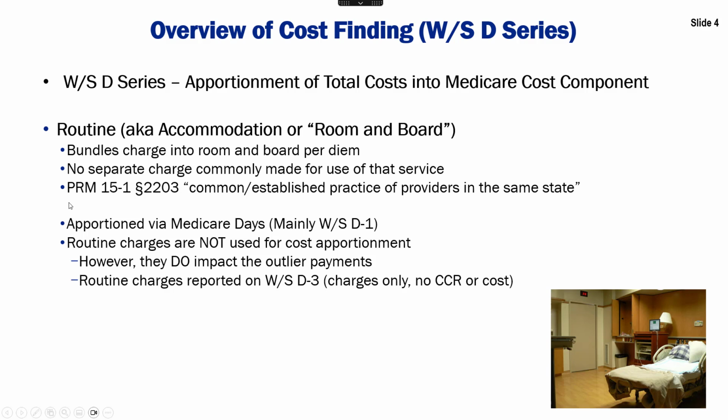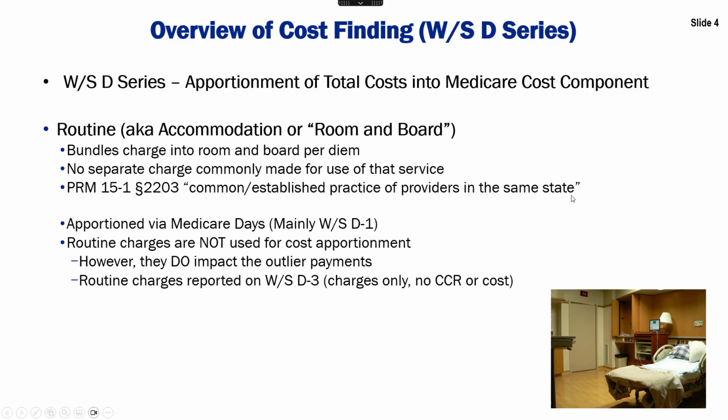Now, I do want to stress here that one of the things that determines this, if you take a look at the PRM 15-1, section 2203, we're looking to determine whether there was a separate charge commonly made for use of that service. That's what determines its routine. If there's no separate charge commonly made, then it's routine. But this policy manual takes that a step further and says it's actually common or established practice of providers in the same state.